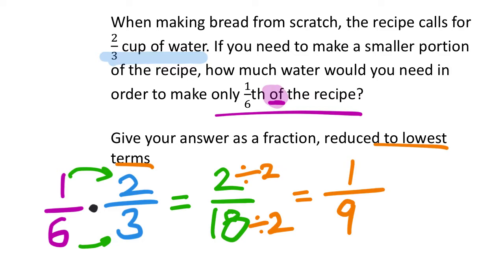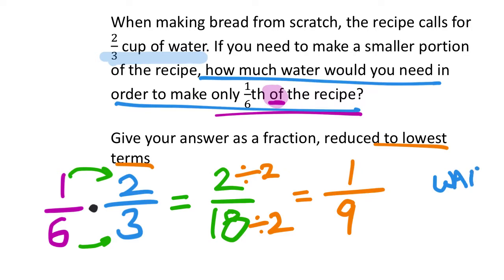Just understand that 1/9 is not the actual answer we're looking for. Remember that these are word problems, so we need to label these. This may come from rereading it: it says how much water would you need in order to make 1/6 of the recipe. So we know it's 1/9 water, but is there a more specific measurement?